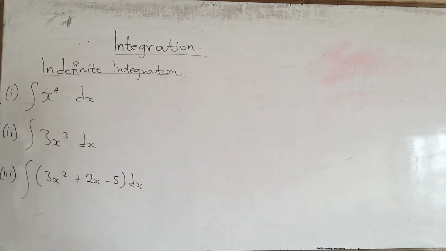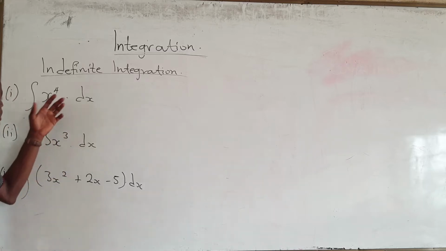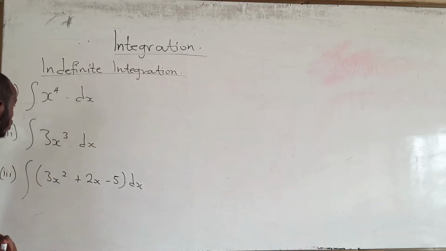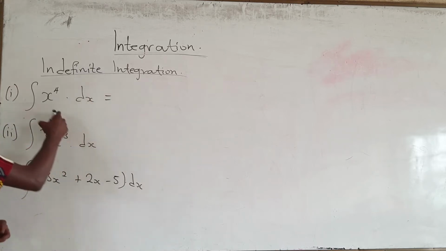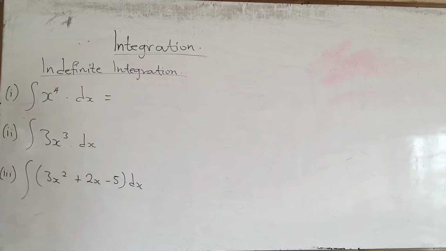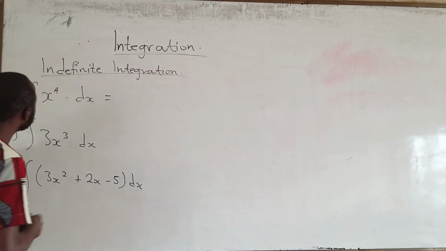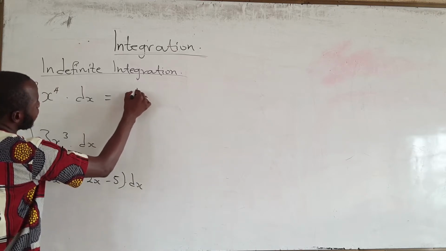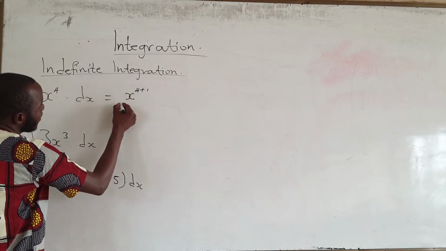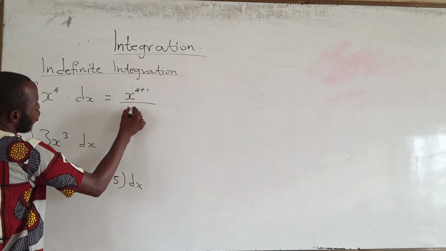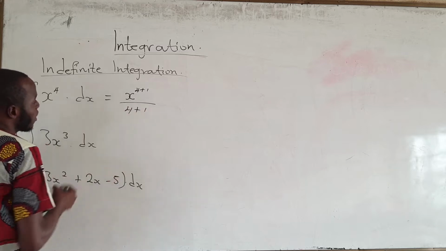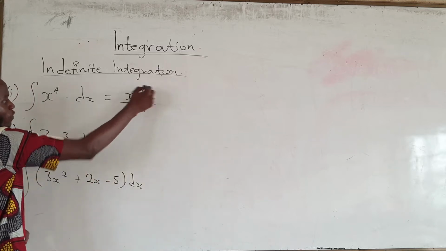Now we have these few questions that we will use to better our understanding and show what we really mean by indefinite integration. With the general solution that we learned, if you have an expression like this and you are to integrate, what you do is add 1 to the power, then divide the whole expression by the solution of the power that you have.